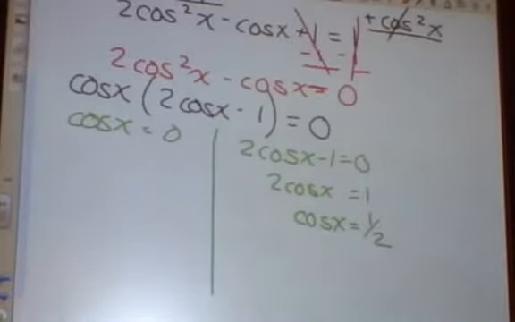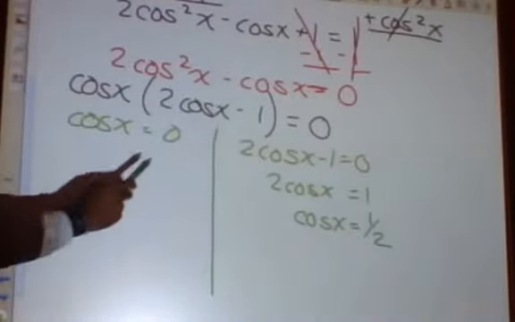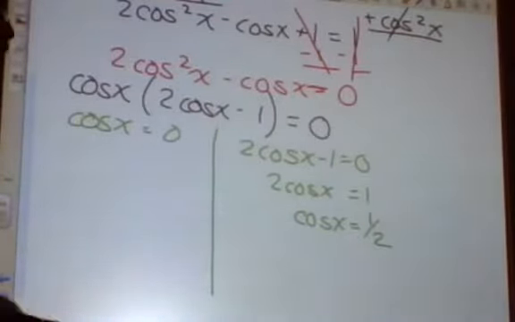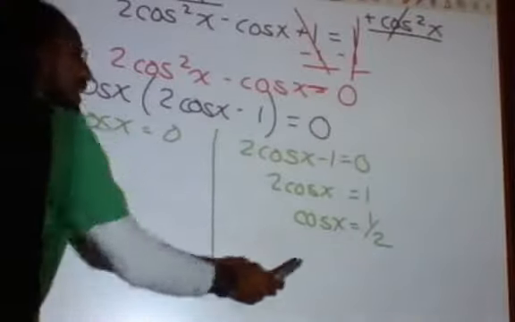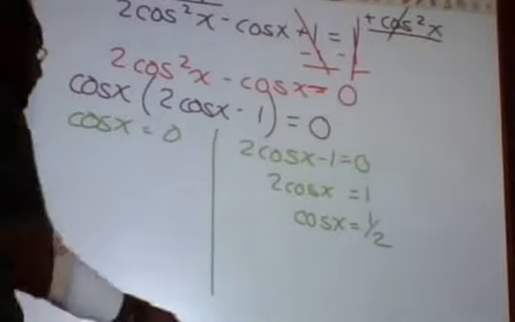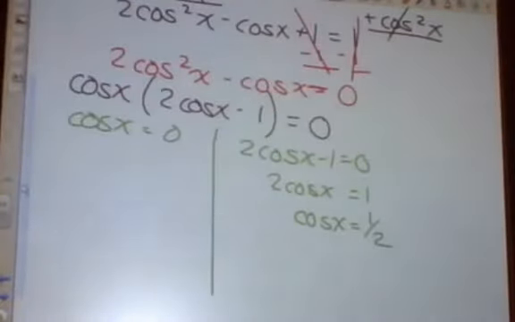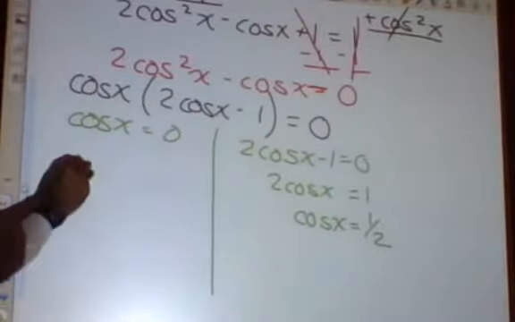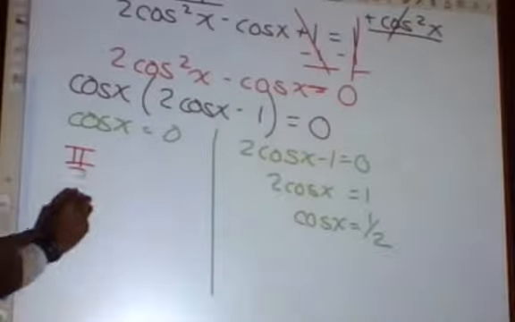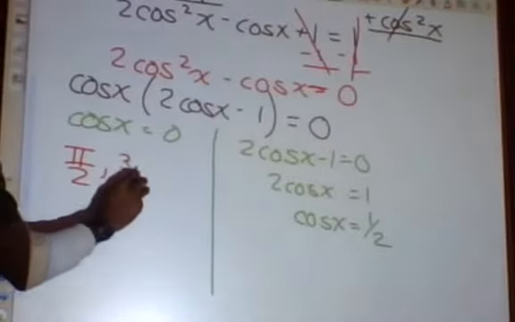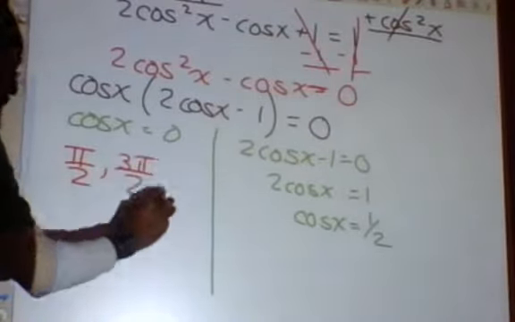But they're asking for us all the values between 0 and 2 pi that would give us 0, and all the values between 0 and 2 pi that would give us 1/2 for cosine. So going back to our chart and our graphs and all the good stuff again from chapter 6, for this one, because it's radians, we need to find where they are. And as we said in class before, that was pi over 2 and 3 pi over 2 for cosine being 0.